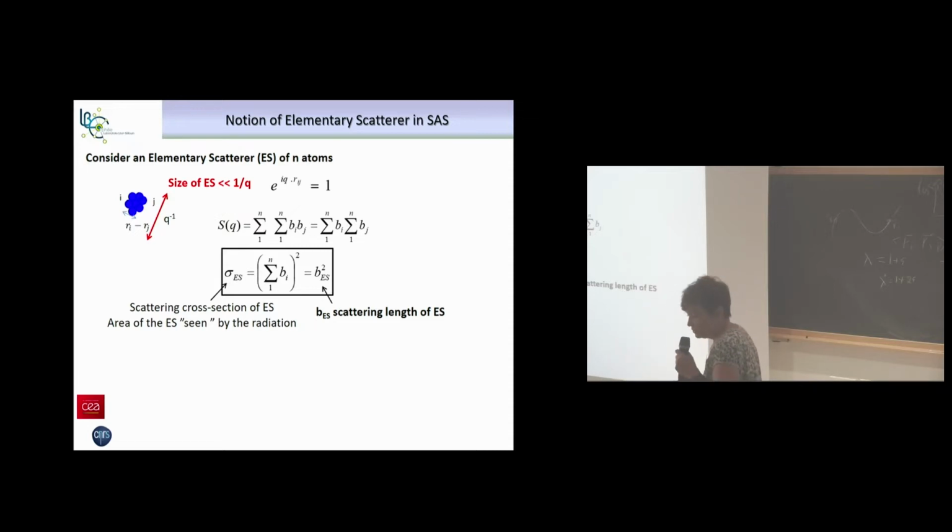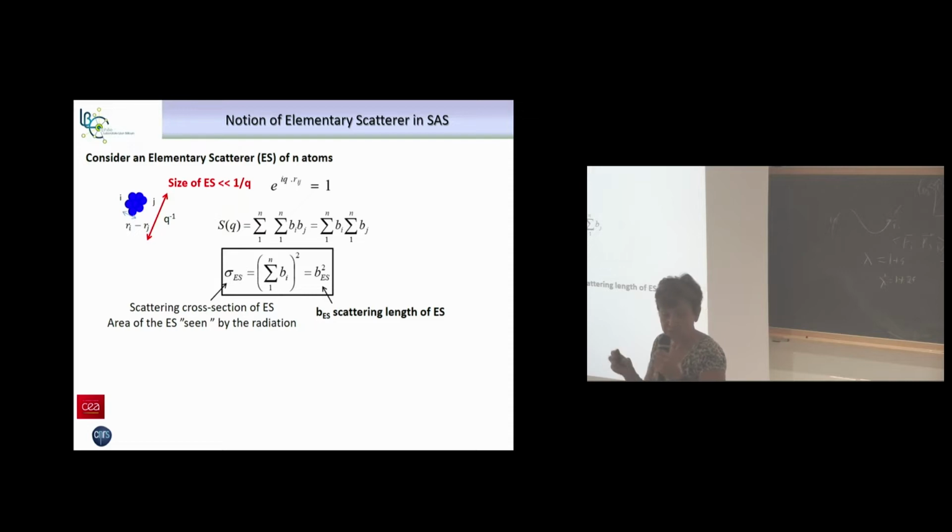So we have to introduce for small angle scattering another notion, the notion of elementary scatterer. Before I was discussing atoms, and now I put some atoms together.